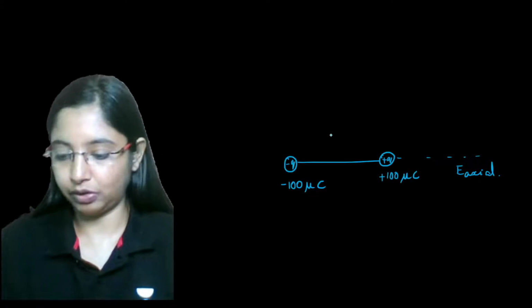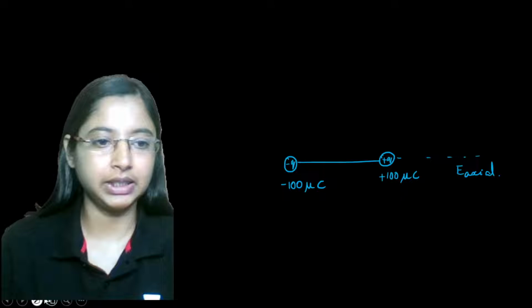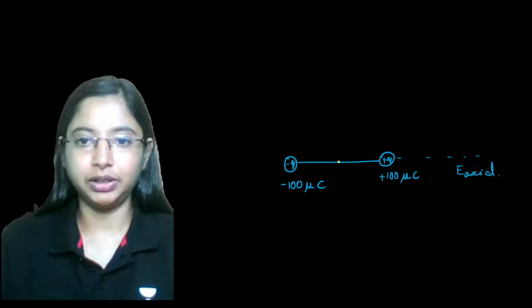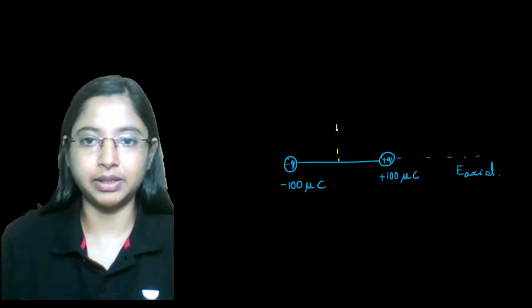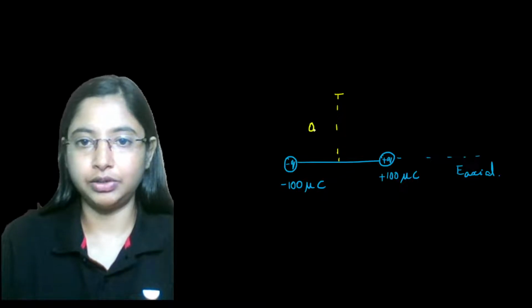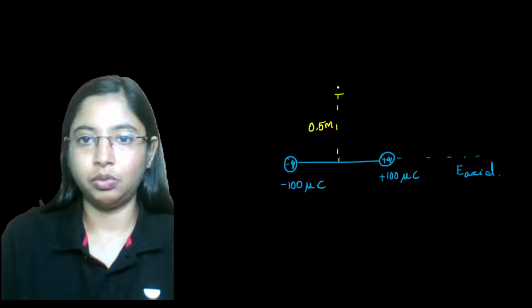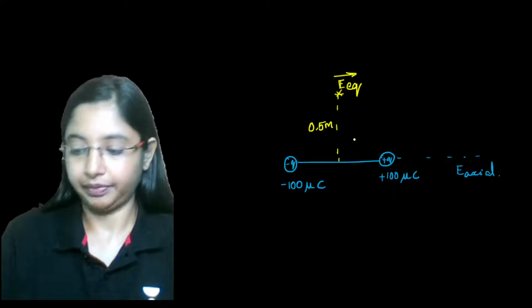The broadside on actually means this point over here. From the center, if I go 0.5 meters up, this distance is 0.5 meters. What is my electric field at this point? This is basically your E equatorial.